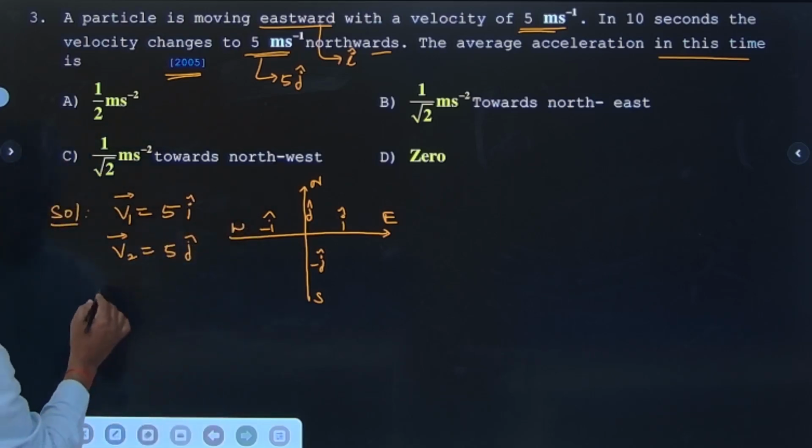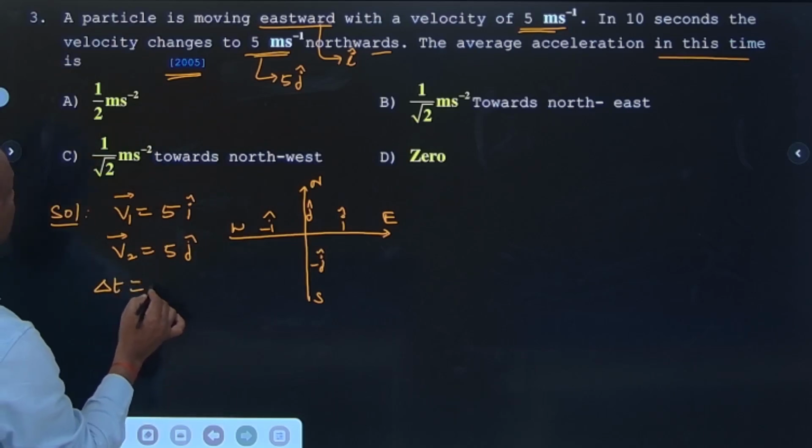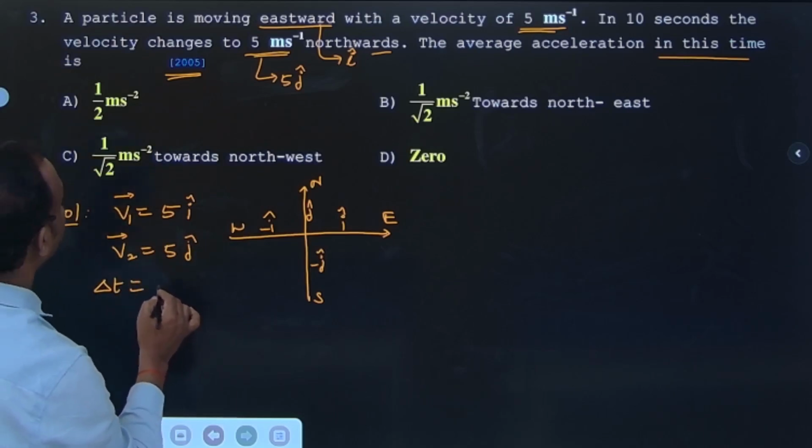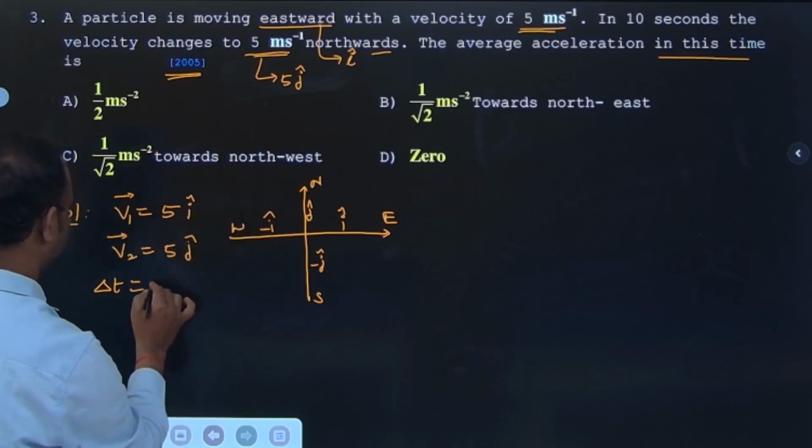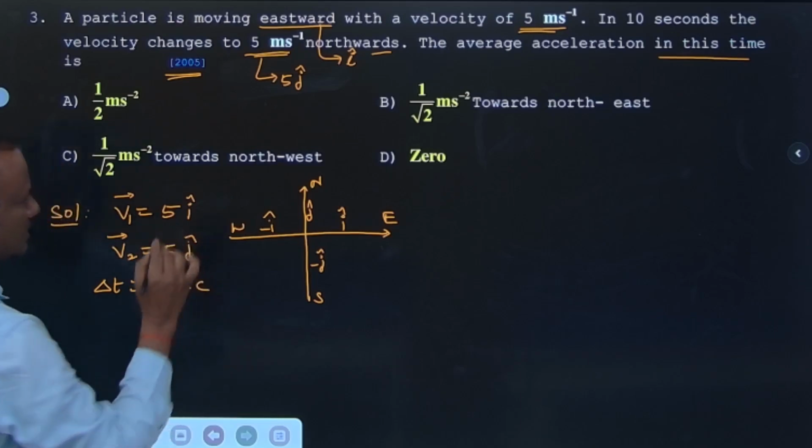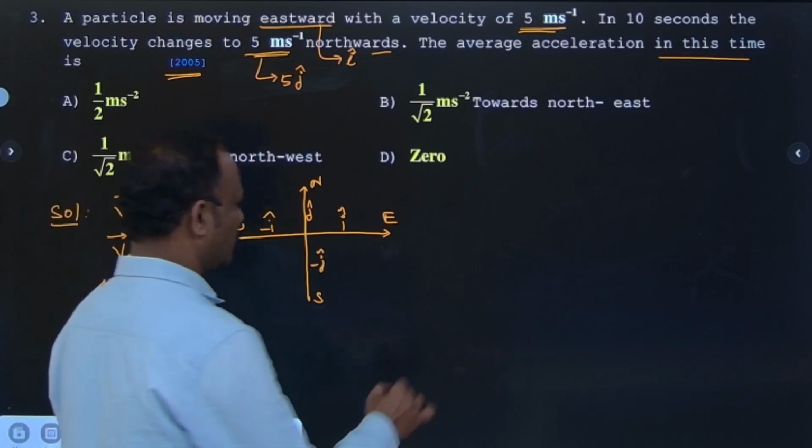So what is the acceleration in the time interval delta t? How many seconds are mentioned? It's 10 seconds. Now, what is the average acceleration?